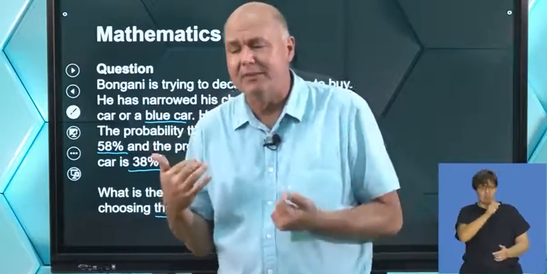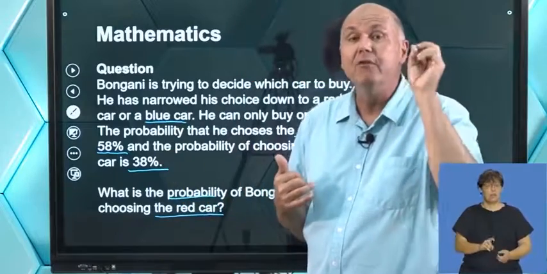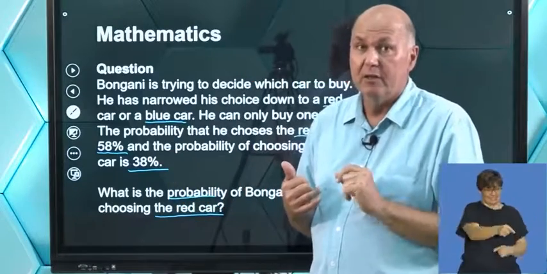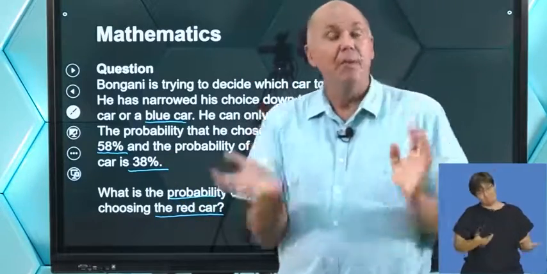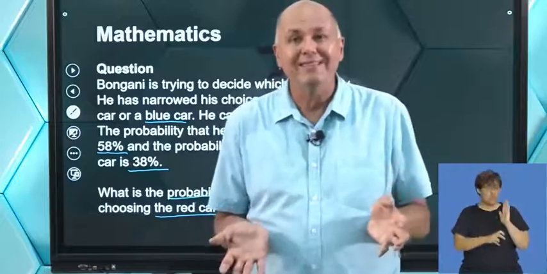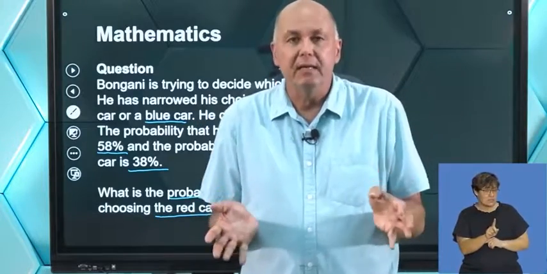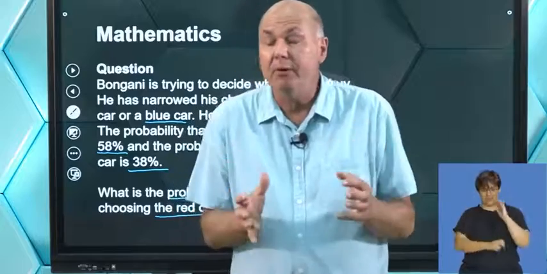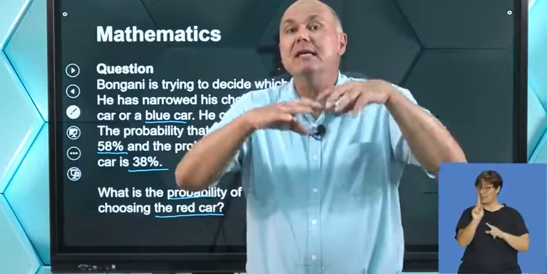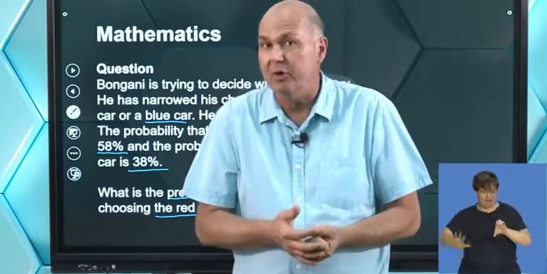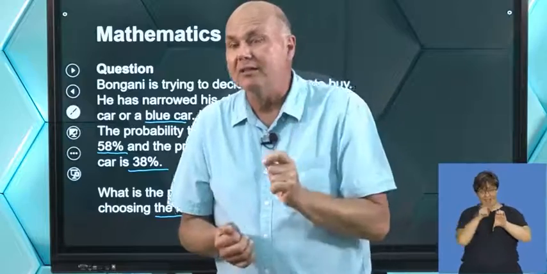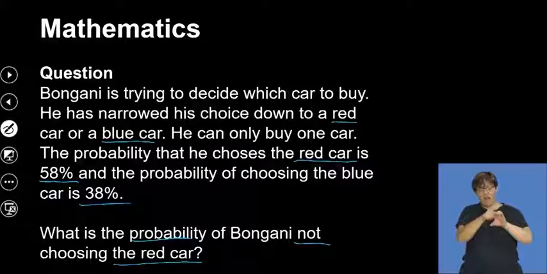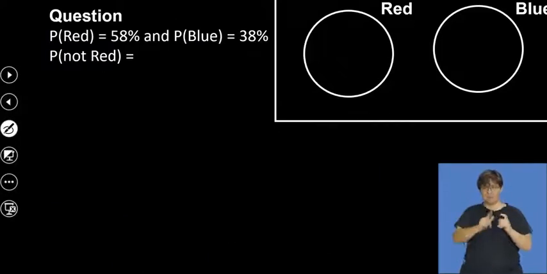We were told what the percentage is, but what's the probability of not choosing the red car? Well, do you remember what rule we're going to adopt here? Well, it must be the complement rule. Remember what the complement is. All of those things that are not in the set that we're looking at. So we're going to ask ourselves, what is the complement of the red car?